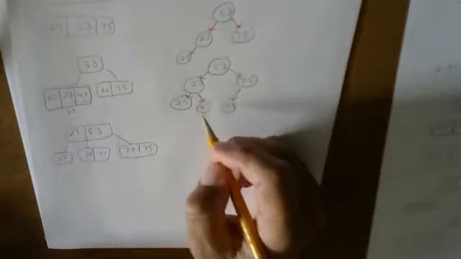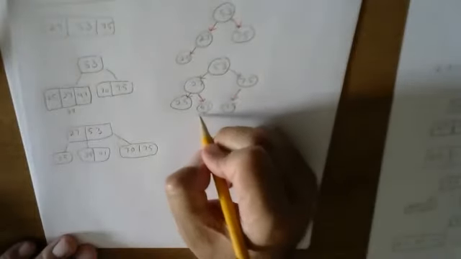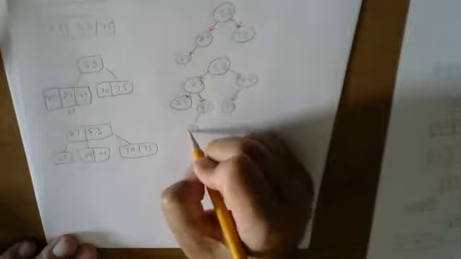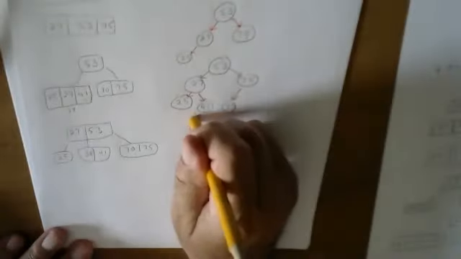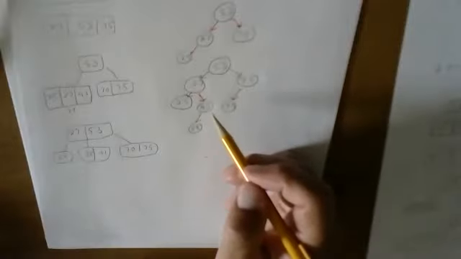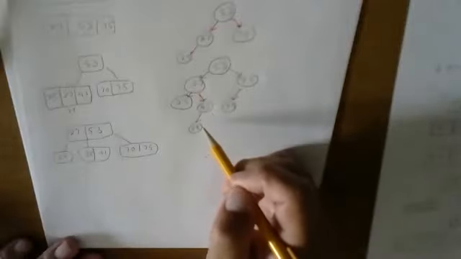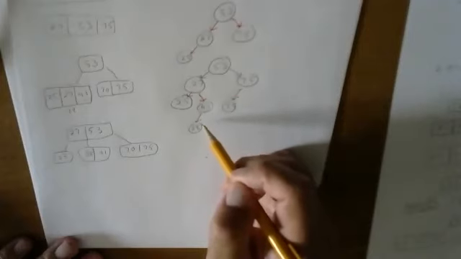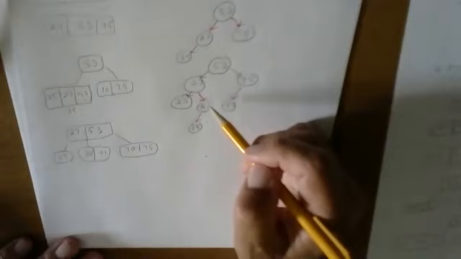So let's see, I added 38. When I add 38, it's going to be to the left of 41. When I add it as a red, now I have a problem because I have two reds in a row. So what has to happen here? I know that some bumping's going to go on.